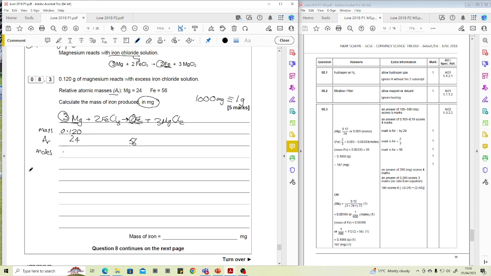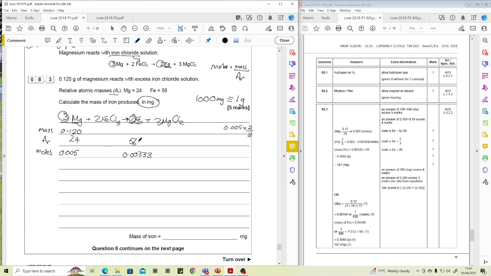Moles equals mass over relative mass, 0.12 over 24, so I've got 0.005 moles. So 3 moles makes 2 moles, so that's times by 2 on 3: 0.005 times 2 on 3 equals, oh, it's not a very nice number, 0.00333, so plenty of significant figures.